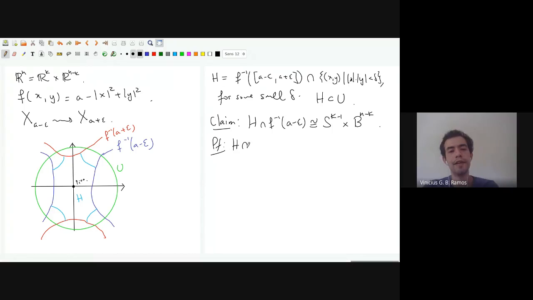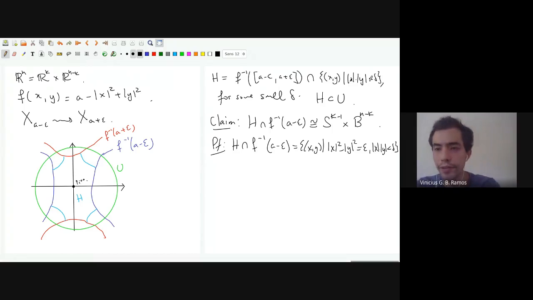So when you write this thing, this is the set of x, y such that x squared minus y squared is equal to epsilon, and norm of x times norm of y is less than or equal to, I want to put the boundary, less than or equal to delta.